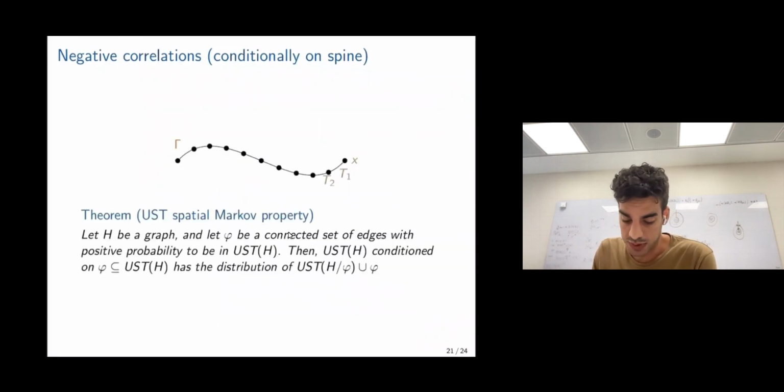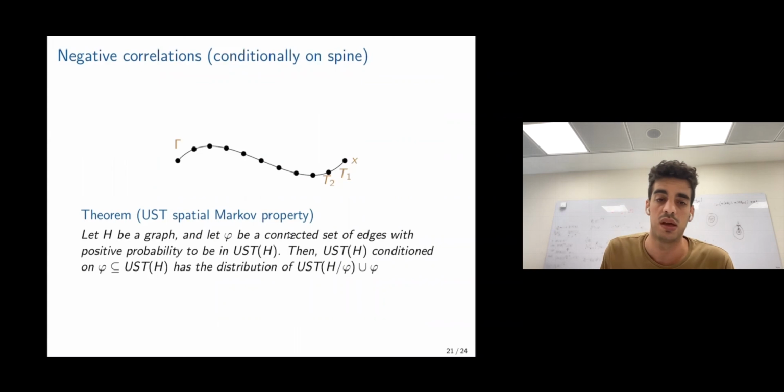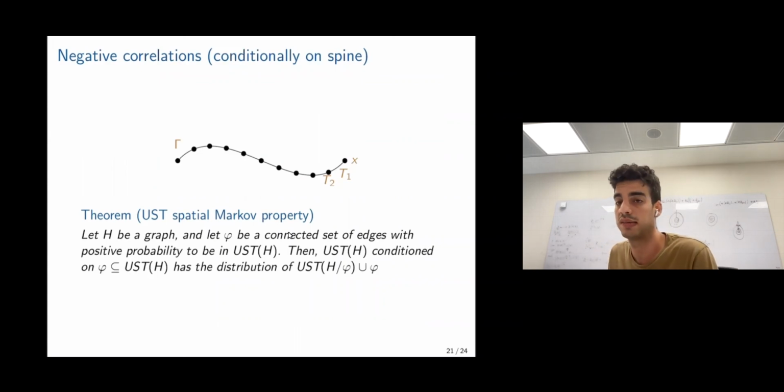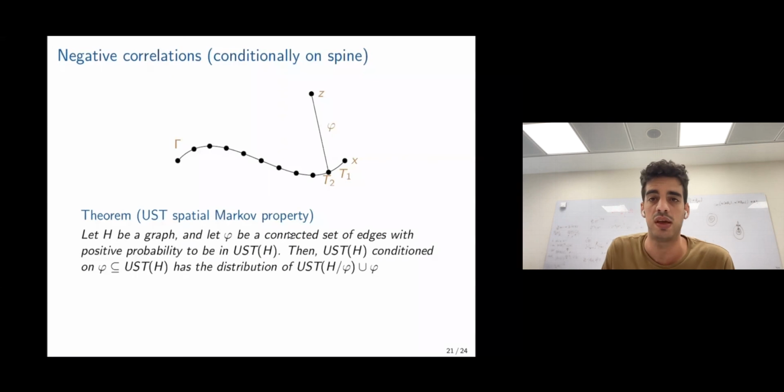Okay, so here are T1 and T2 again. And I'll mention now the UST spatial Markov property, which says the following. We're going to condition now on some path phi to be in the UST. It will help us to prove this average thing that we wanted before.